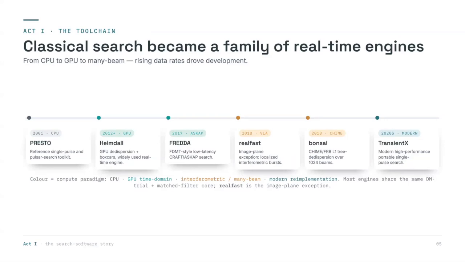Transient X is a modern implementation for high-performance single-pass search. And RealFast is the image plane case. It searches VLBI data and can localize the burst. These tools have different designs, but they share the same concept: try DMs, disperse, filter, and make candidates.